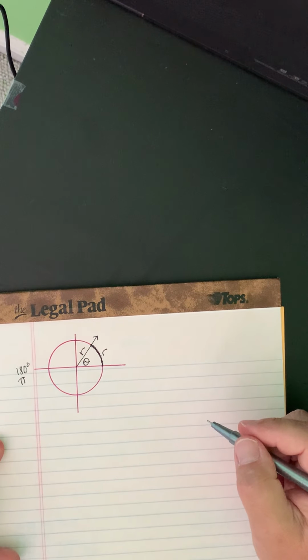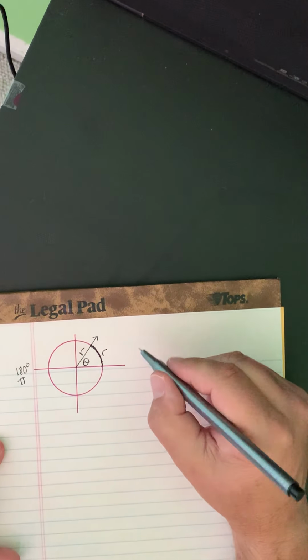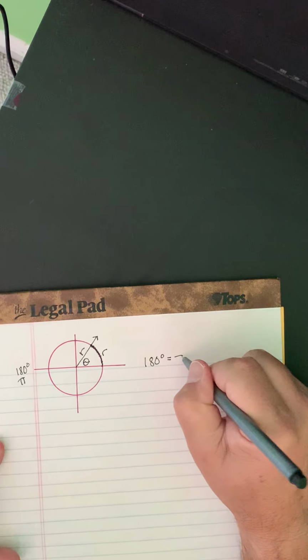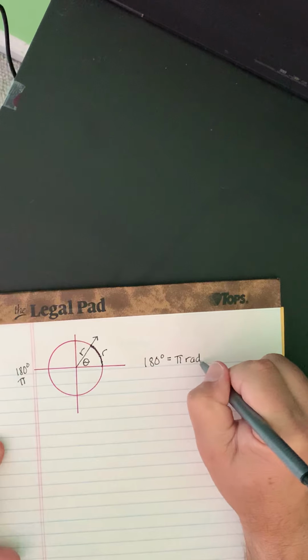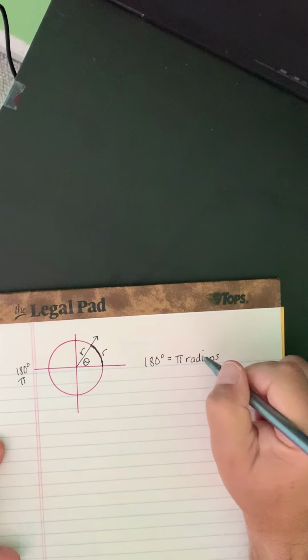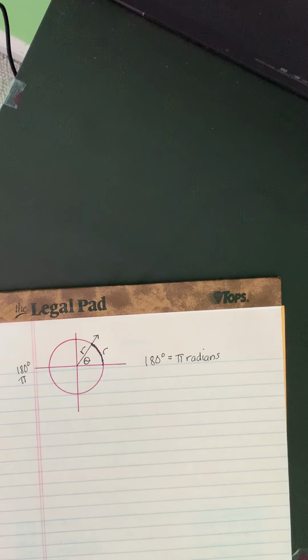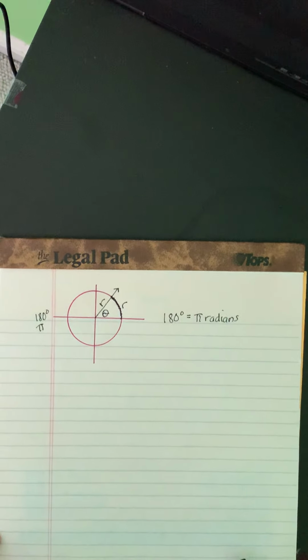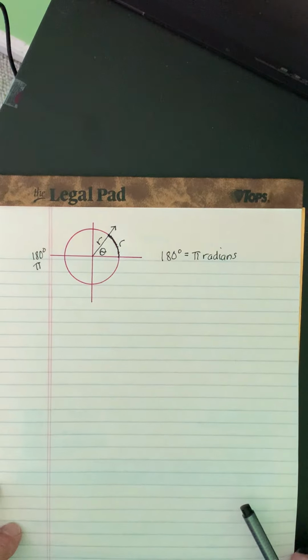So that tells me that 180 degrees equals pi radians. We do not have to write the word radians. If there's no degree, then you automatically know it's radians. Even if it's not pi, it could be 3.5, and that could be radians. As long as it doesn't say degrees, it's gotta be radians.